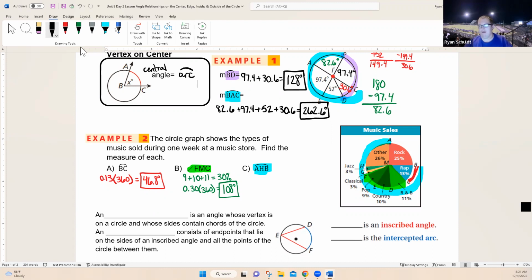It doesn't include rock. What's 100% minus 25%? We do this the short way, so I don't have to add up all of them. 75%. So 0.75 times 360. That gets us 270 degrees.